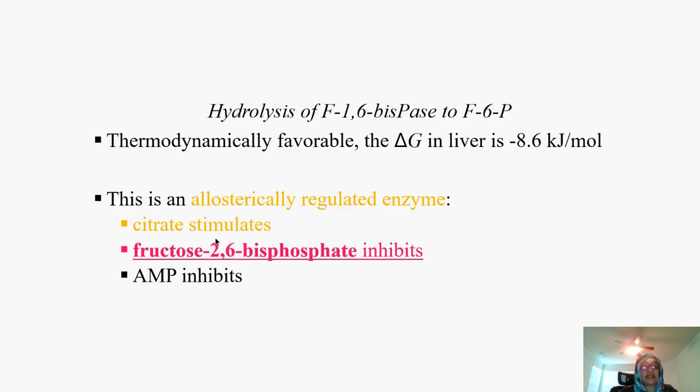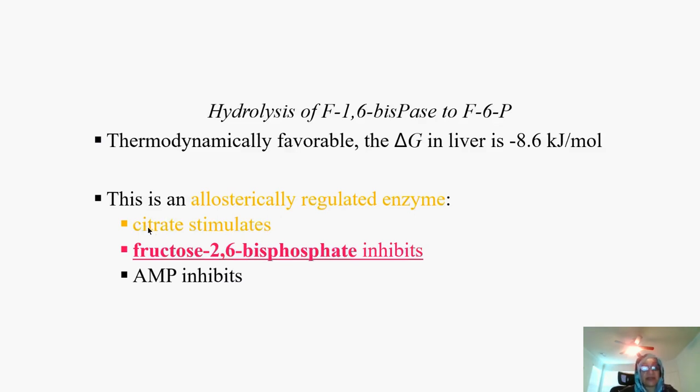The first one, citrate will stimulate it. Citrate is associated with high energy status. I'm not sure if you already studied the TCA cycle, but this is the first molecule that's synthesized in the TCA cycle, and the TCA cycle is a pathway that produces energy.